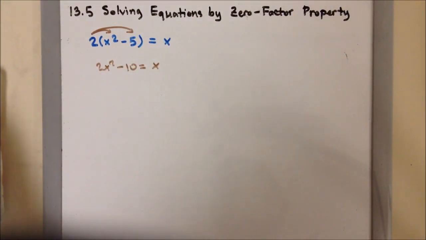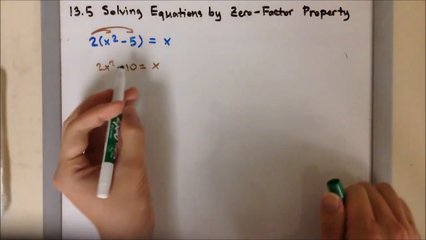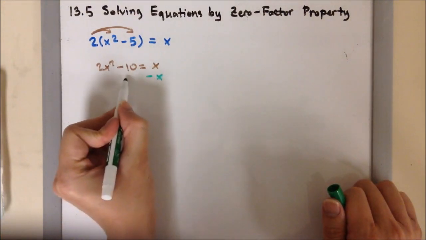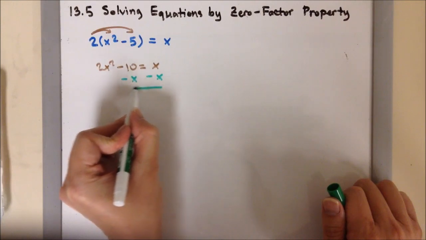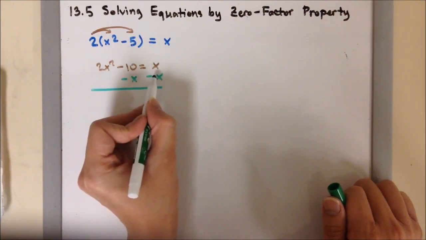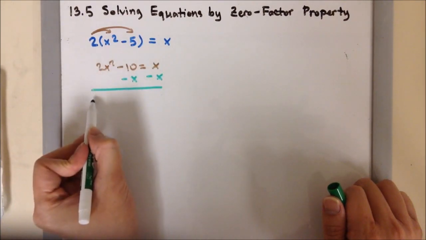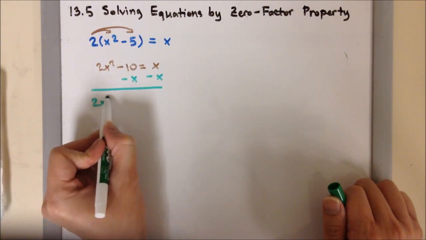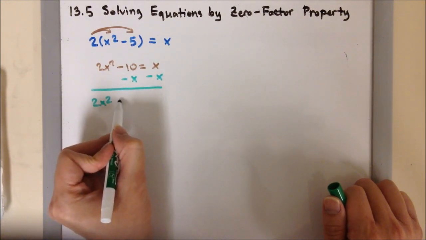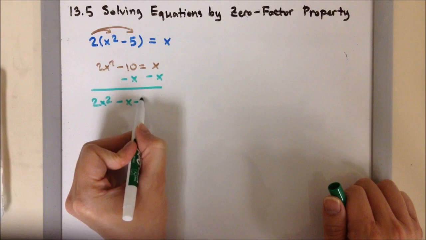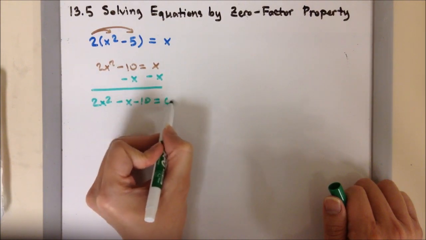And then what I'm going to do is subtract x on both sides so that I can have the right side become 0. So on the left side it's going to be 2x squared, and I'm going to put it in order, minus x minus 10 equal to 0.